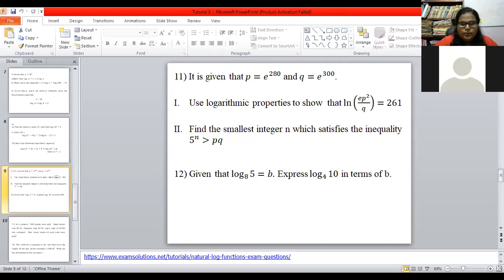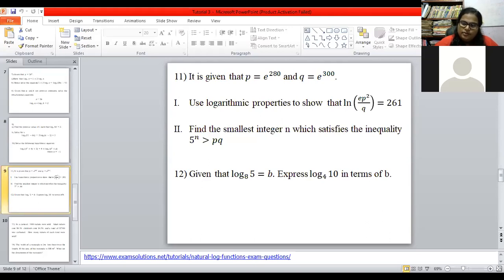Right, so the thing you have to do here, first pay your attention to the expression inside this ln function.